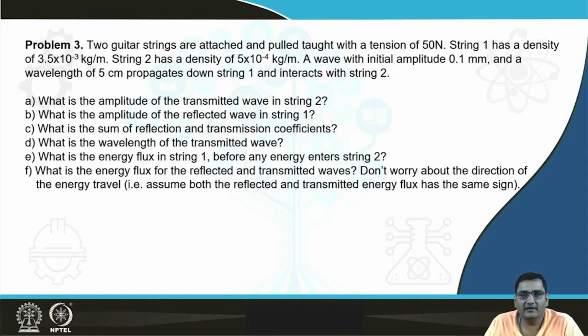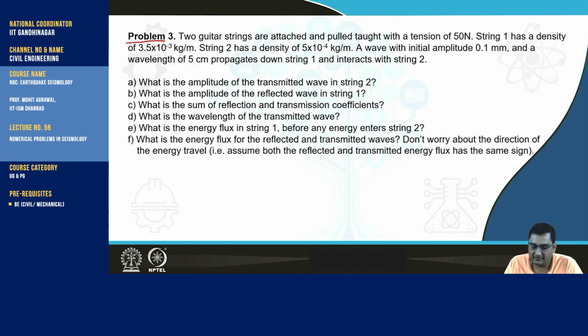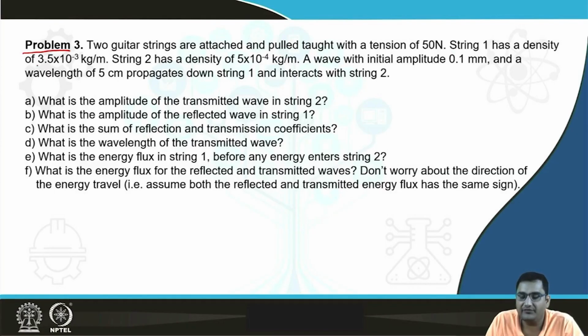Now look at the next problem, problem number 3. It says that two guitar strings are attached and pulled taut with a tension of 50 Newton. String 1 has a density of 3.5 times 10 to the power minus 3 kilogram per meter.